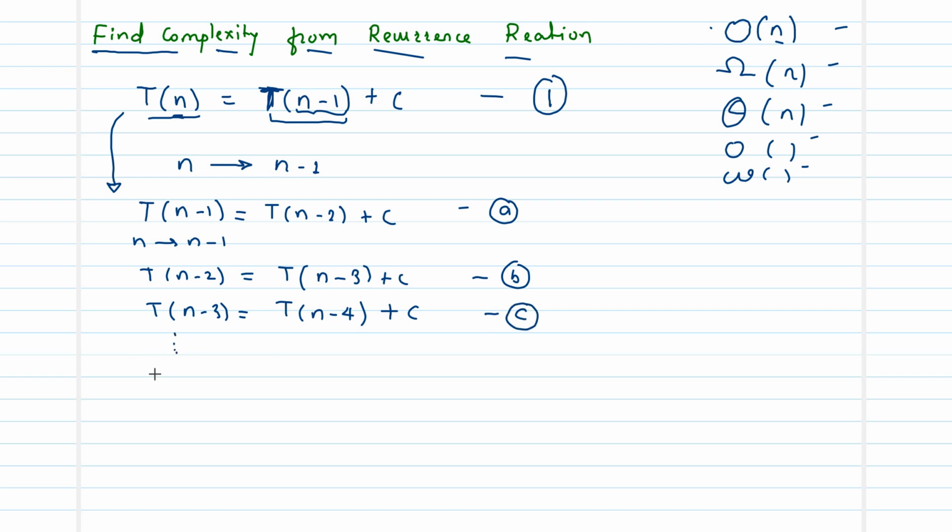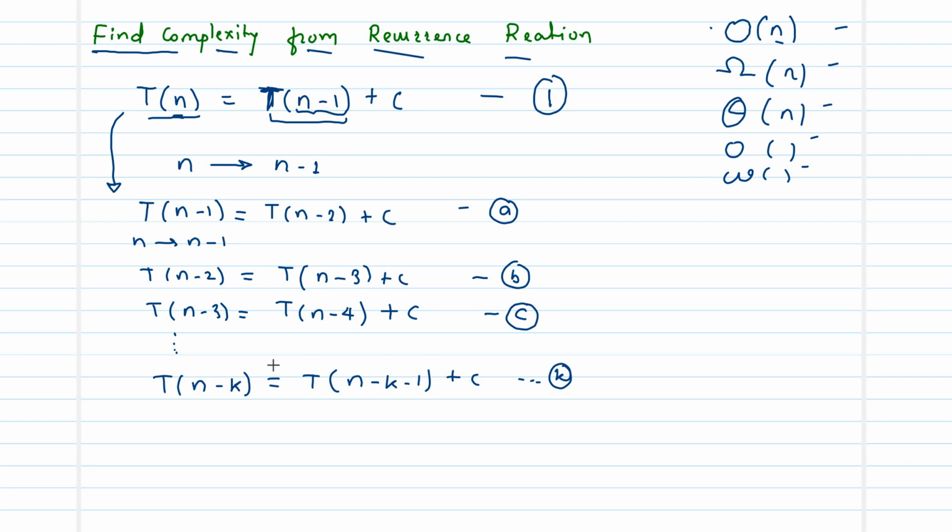And in a similar way we may get T(n-k), for some arbitrary number k, equal to T(n-k-1) + c. That is, let's say, equation k.